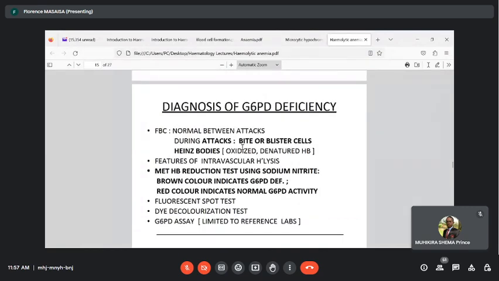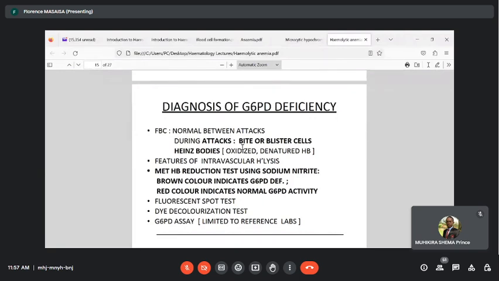So how do you make the diagnosis? Normally, as I said, if there is no exposure to any stress, the patient will have normal full blood counts without any anemia. But when there is a crisis, the patient will have what we call Heinz bodies, which are oxidatively denatured hemoglobin. Maybe I can show you the picture of Heinz bodies.